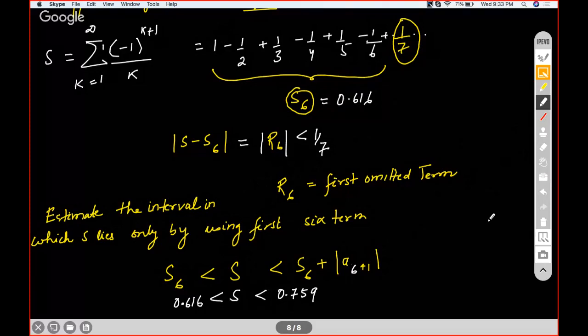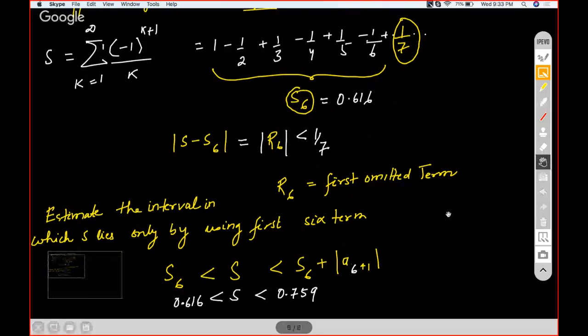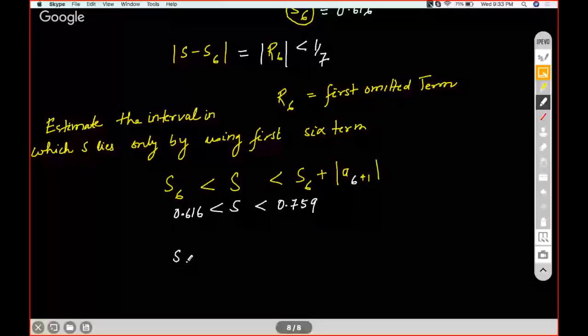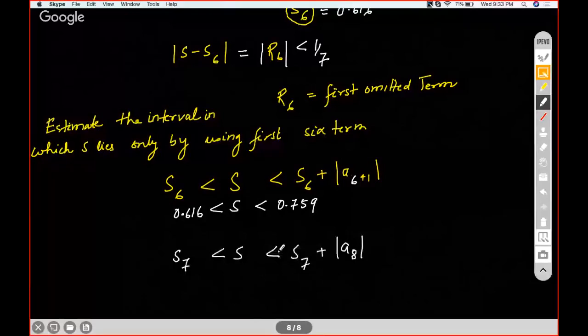So let's say I take the 7th term. Let's say I want to approximate it with 7 terms. So I would say S would lie between S7 and S7 plus the mod of the 8th term. So if I just include plus 1 by 7, let's see what happens. It's plus 1 by 7.